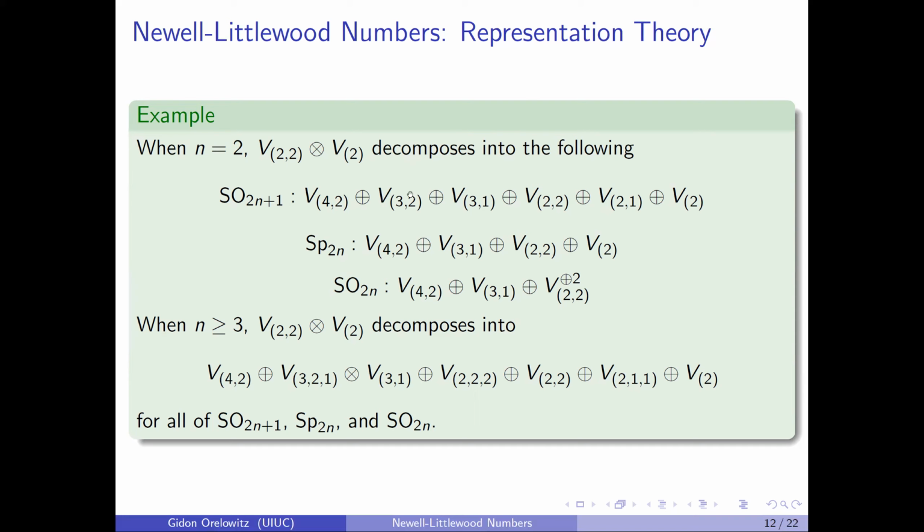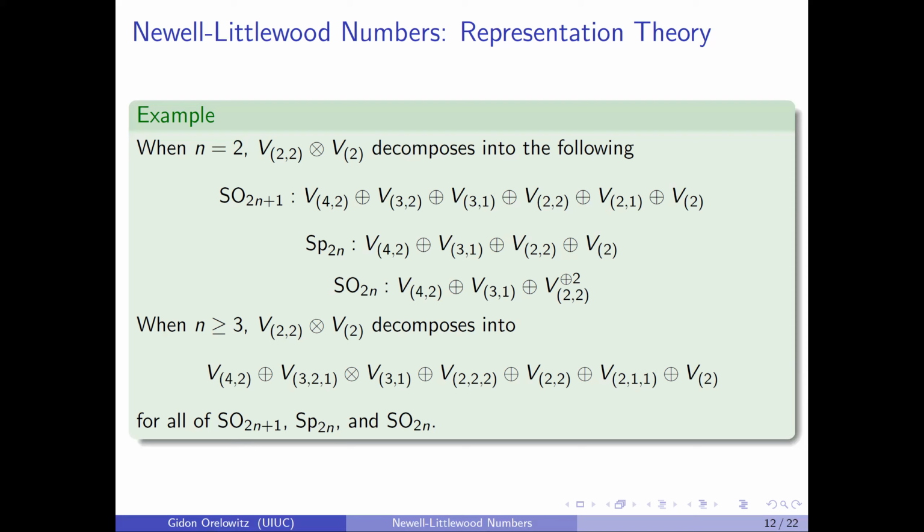So for example, here we have V32 in SO2n plus 1, and that just disappears as n goes to 3. You can add representations. For example, V321, V222, and V211 show up once n gets larger.